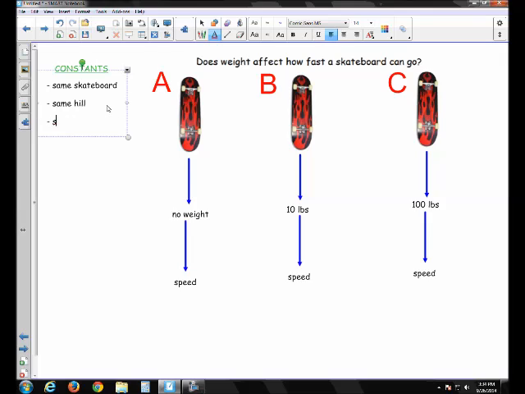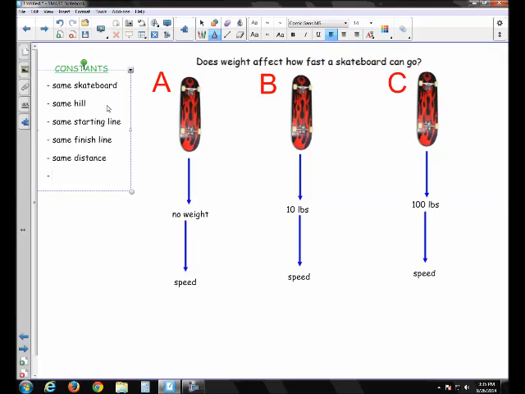They would have the same starting line, and they would also need the same finish line, so they're all traveling the same distance.